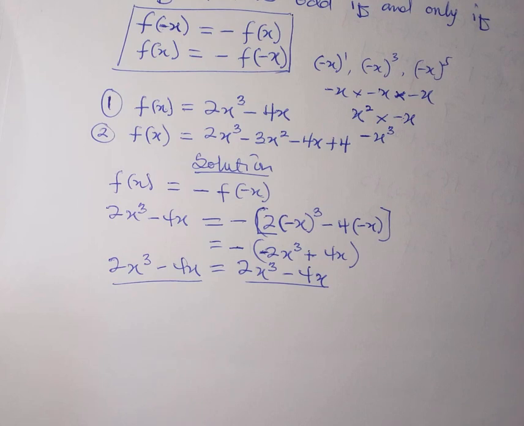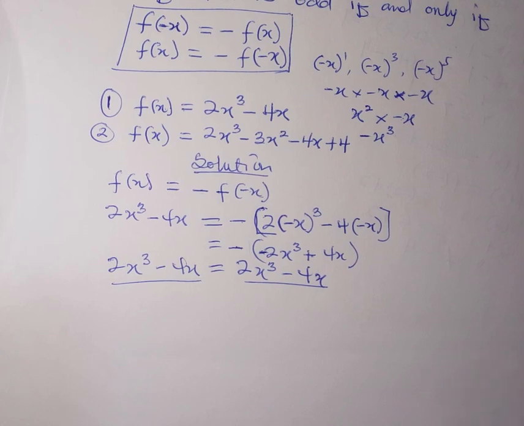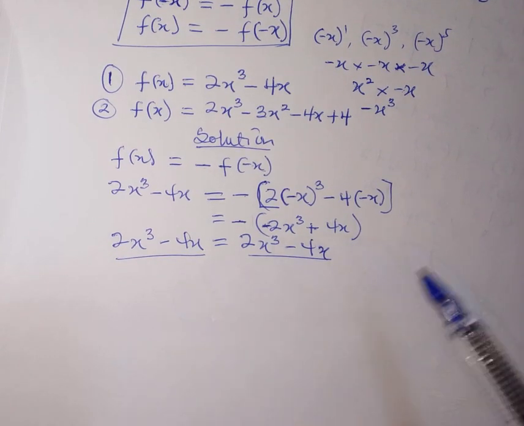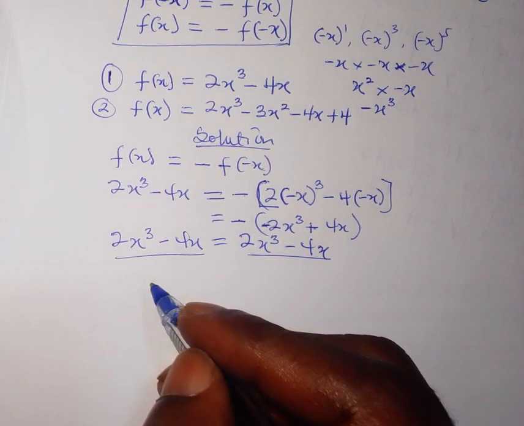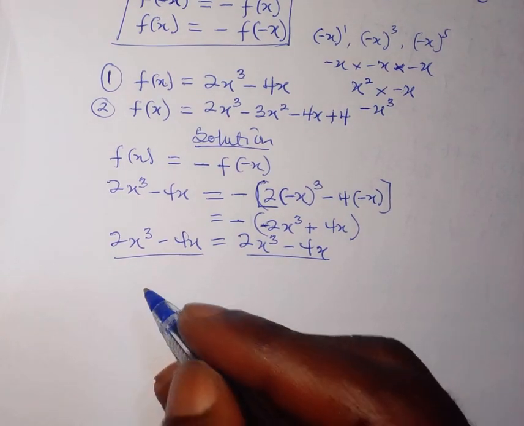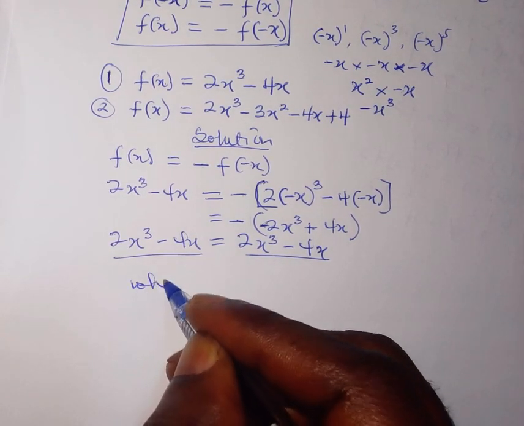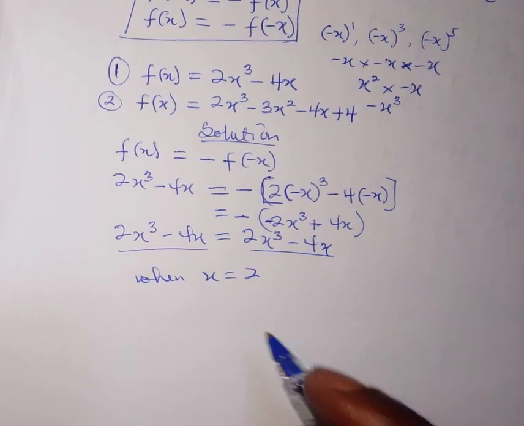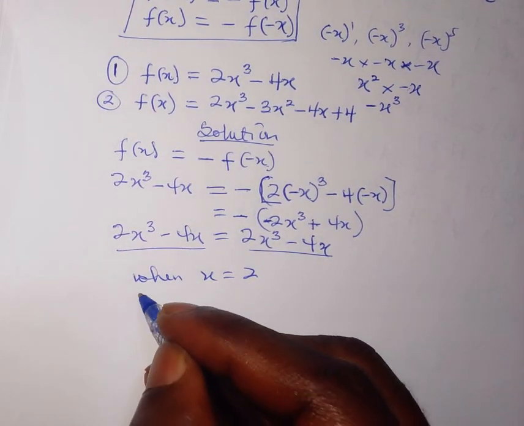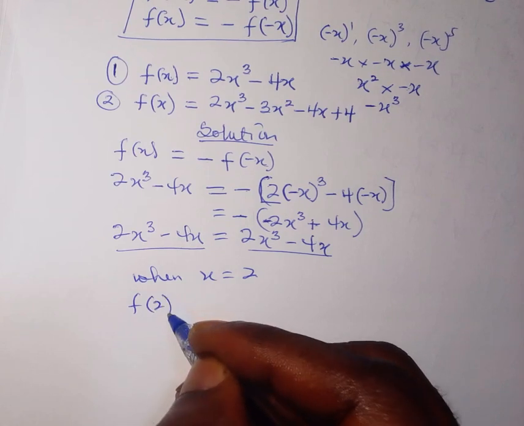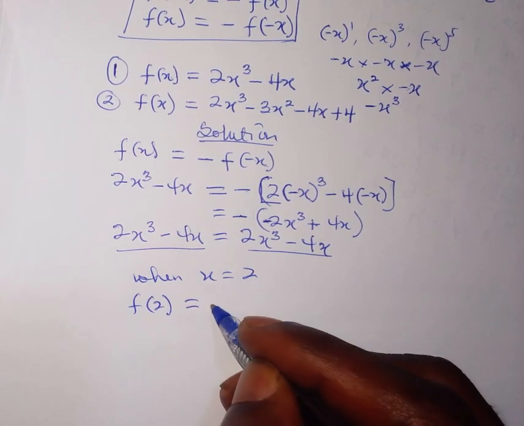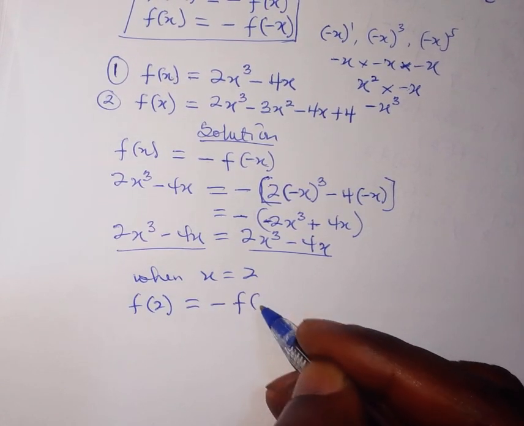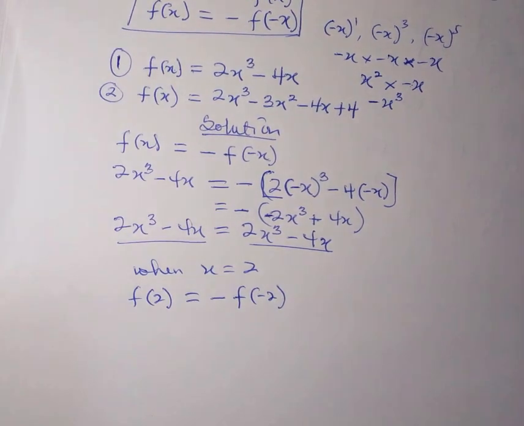Okay, all right. So the same way, we can also use a number to test for this. So let me use 2 as we used in our previous lesson. So we can say that when x is equal to 2, so I will just substitute. So this is what I'm going to write. So it's going to be this, negative 2. Have you gotten that?